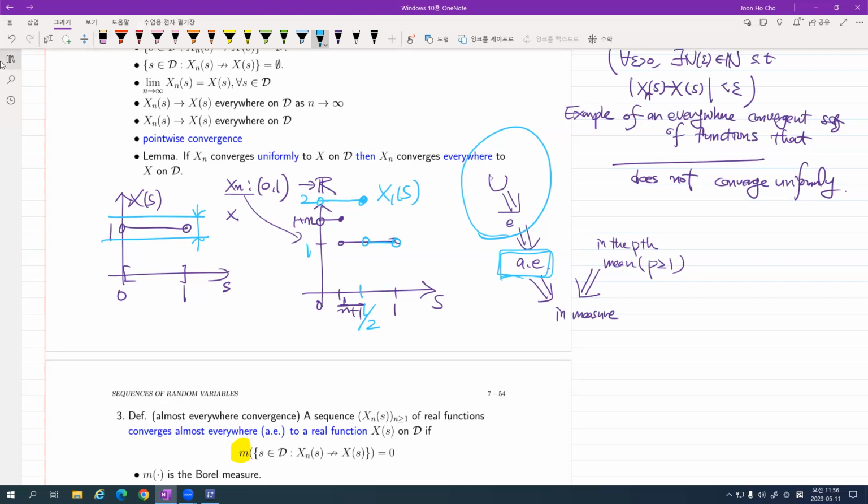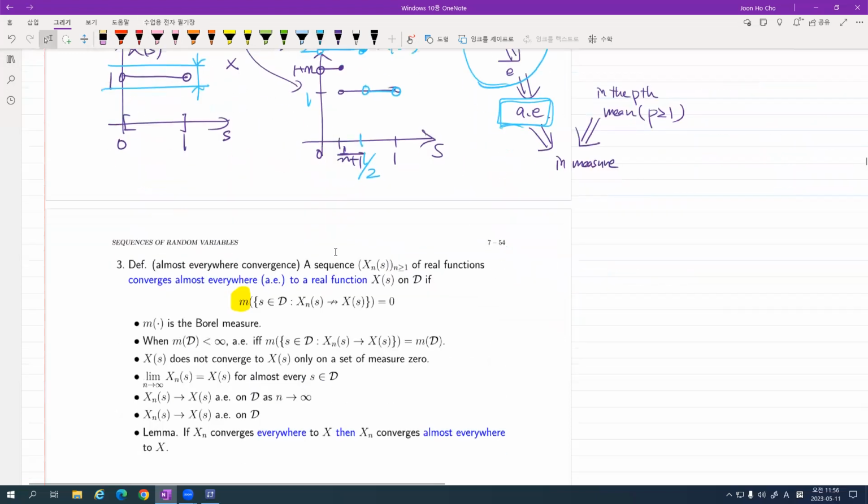And here goes the almost everywhere convergence of a sequence of functions. So again, we have a sequence of functions x sub n having the same domain as the limit, for example, that is D.